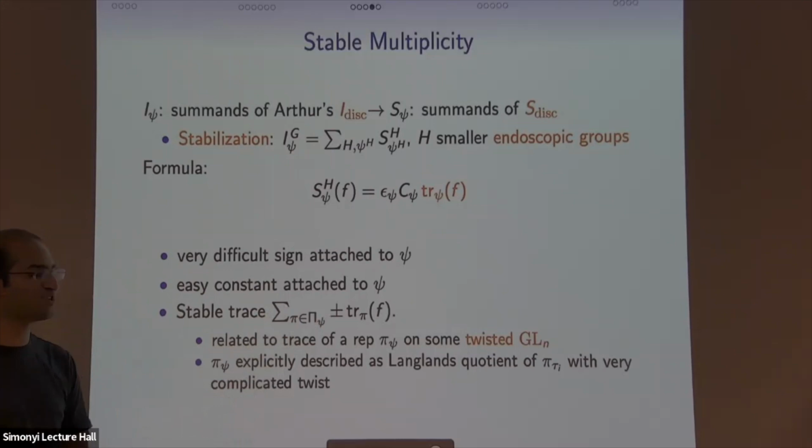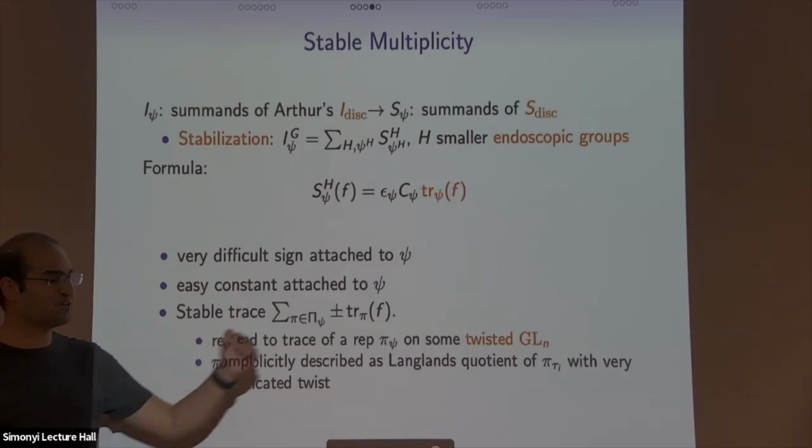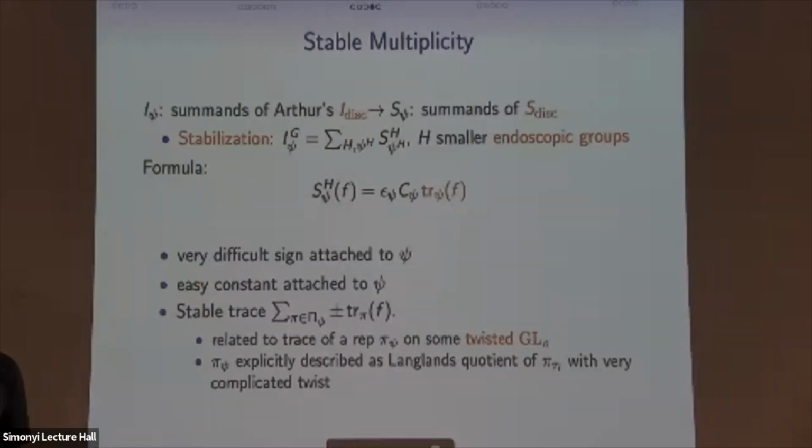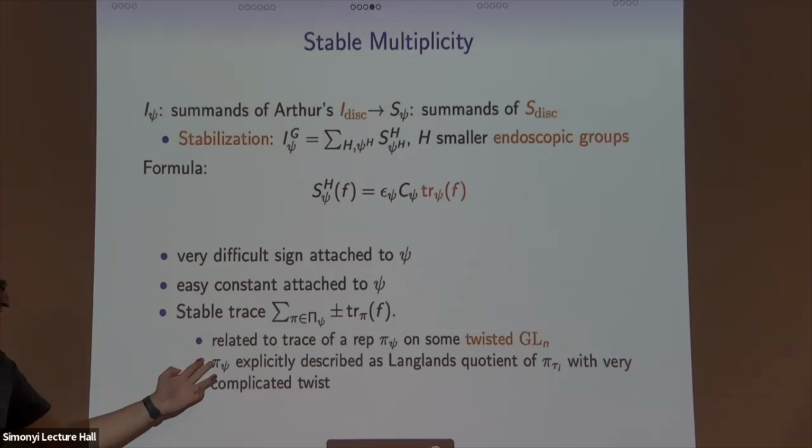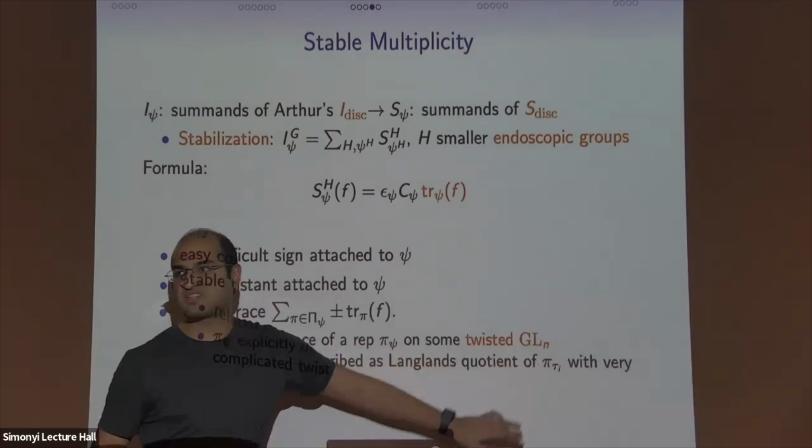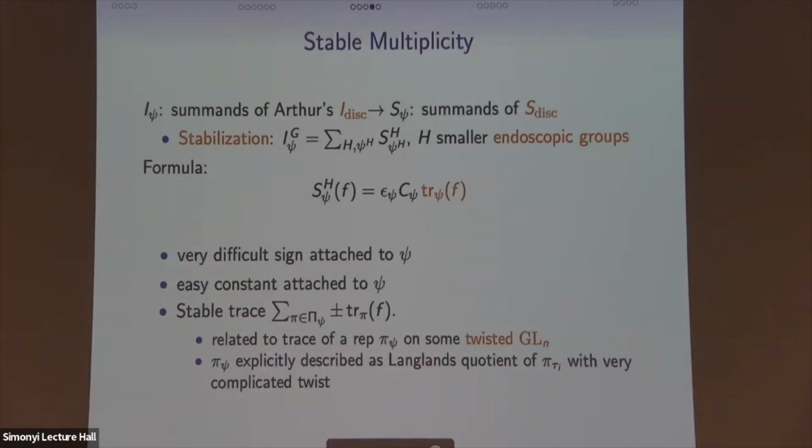These signs are determined, and I don't want to get into the details of what they are. The key point is that the stable trace is related to a trace of another representation on some twisted GL_N, which you can think of as GL_N semi-direct product Z mod 2, where you extend the representation to the semi-direct product. This pi_psi is explicitly described as a Langlands quotient of the pi's for the tau_i's that make up the psi. It's explicitly described, but you also need to describe the twist, and the twist is very complicated. So this is the stable multiplicity formula.